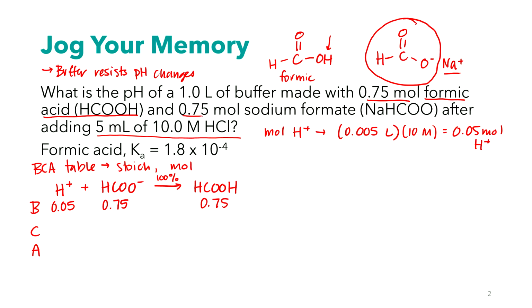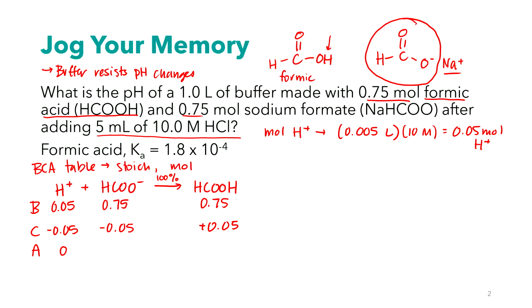Okay, so H+ is my limiting reactant. That's the smallest number in my before row, so I'm going to use that. I'm going to subtract it from the left side and add it to my right side. So we've neutralized all of that H+.